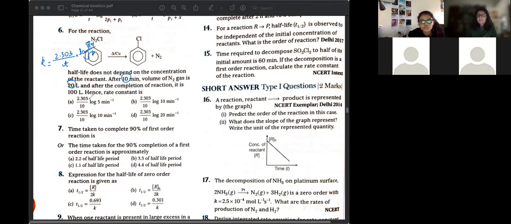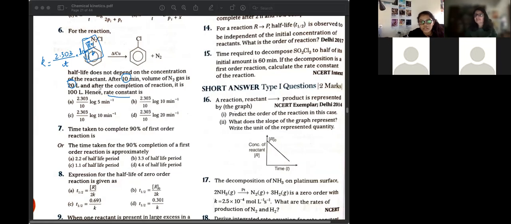Yes, so we need to find K first. K is already given. So we just need to put in the values, but you can't put 20 and 100 directly, right? Would it be 100 by 20? Would it be 20 by 80?